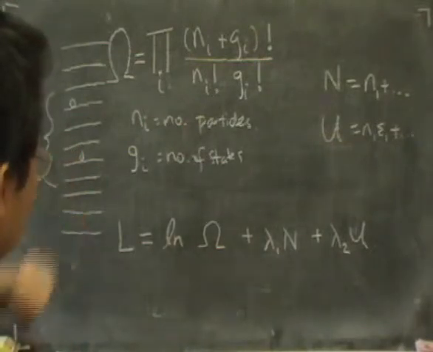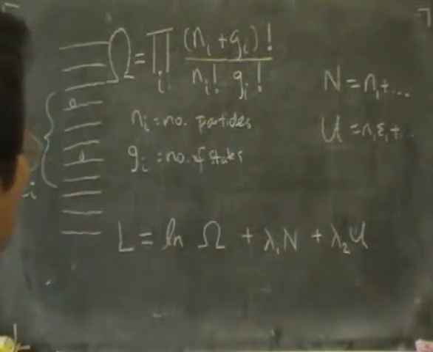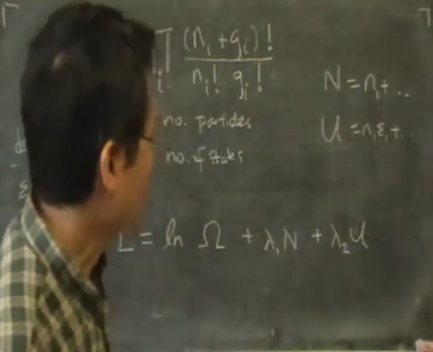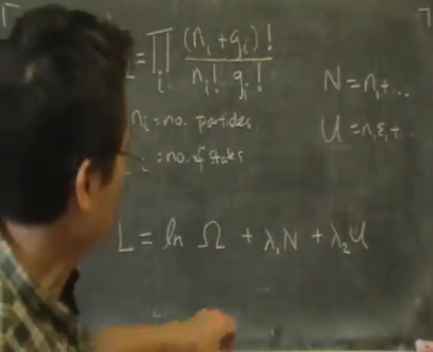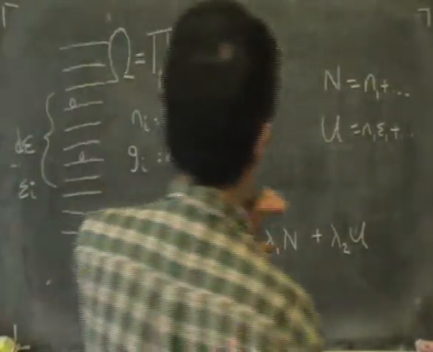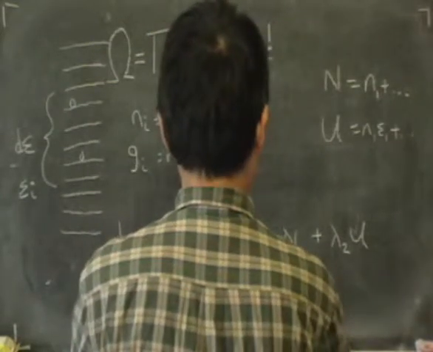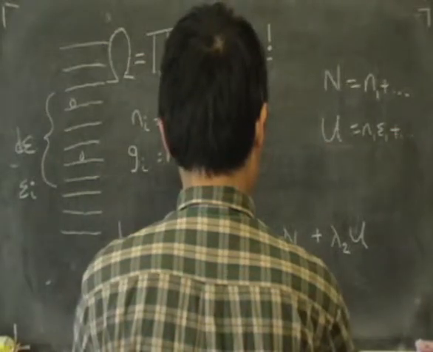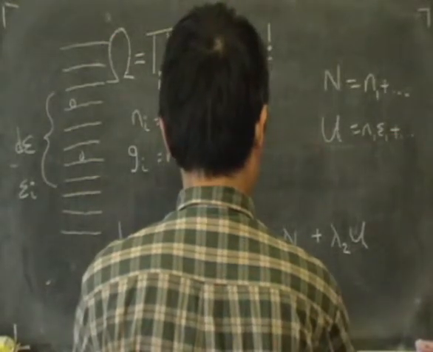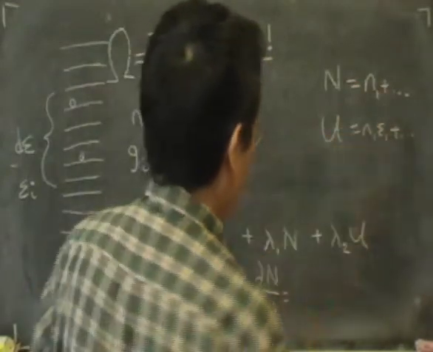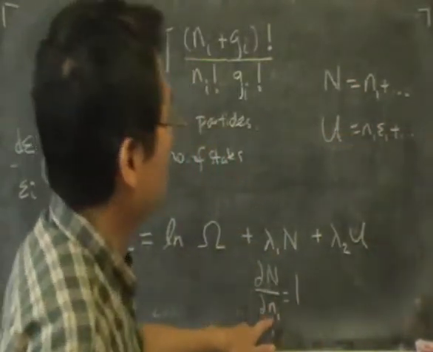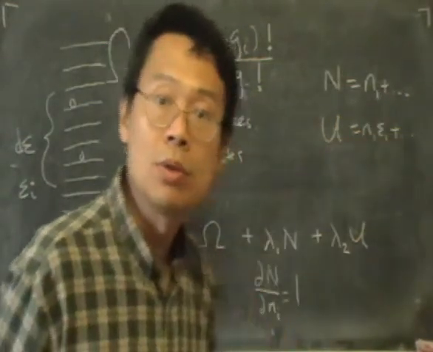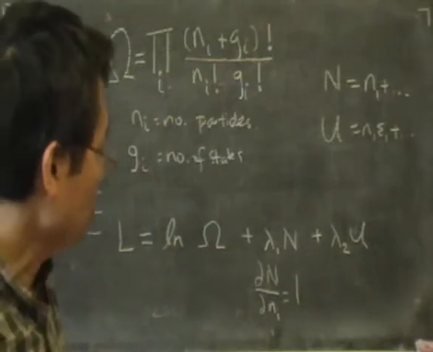Right, so in order to differentiate this, let's do it term by term. Now those two follow the same way as for the Boltzmann distribution, so those are easy. Let me just write it down. If I differentiate n with respect to ni, I would just get 1, because except for the ni, all the other terms different from i will give 0.